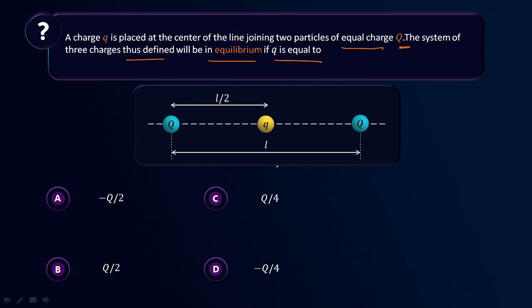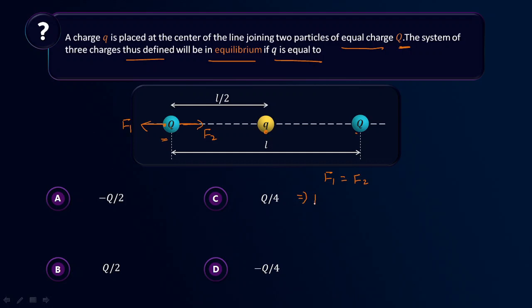Right? So in this case, can I say that net force on this charged particle is zero, as well as on this charged particle is also zero. So if I write net force, due to this capital Q, net force will be, let us say, F1, and due to the small q, it must be in the opposite direction, otherwise this charged particle cannot be at rest, right? So can I say that F1 should be equal to F2?